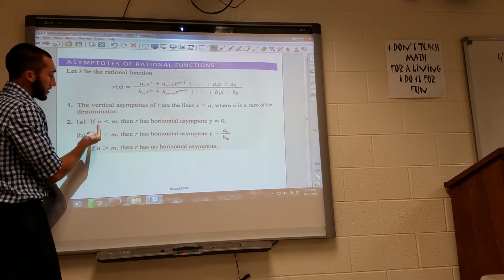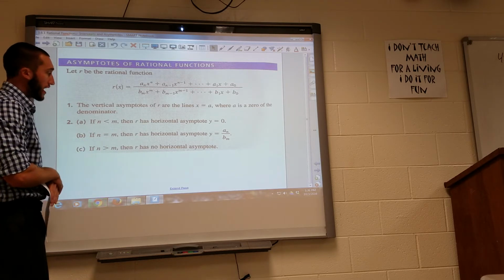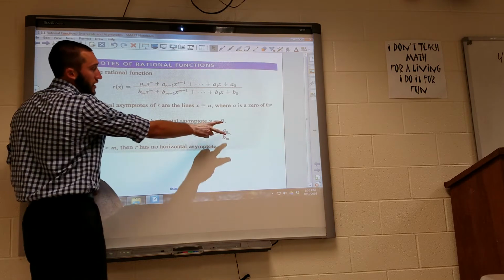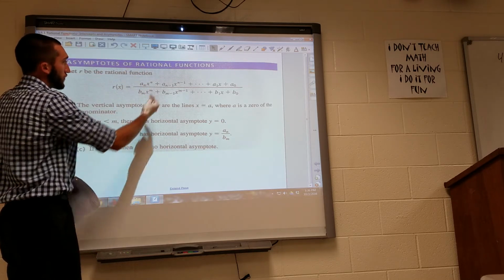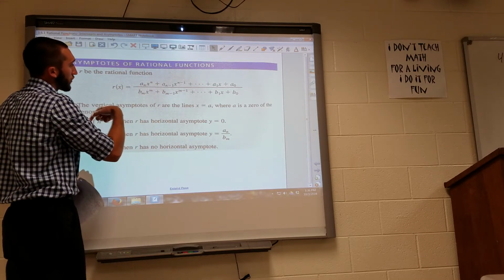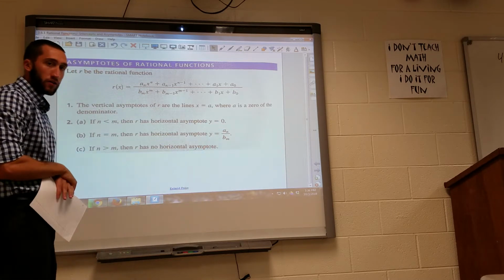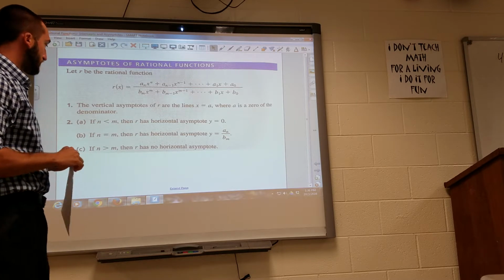If the numerator has the same degree as our denominator, then the horizontal asymptote is just the ratio of the leading coefficients. So if n and m are the same, then the line y equals the ratio of those leading coefficients will be our horizontal asymptote.